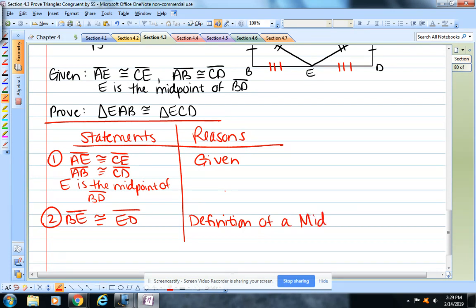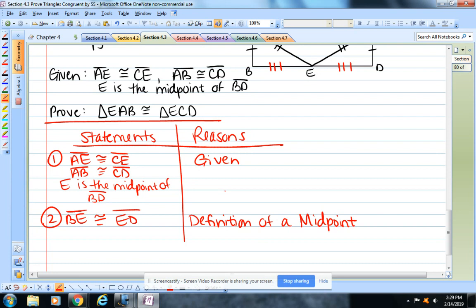Okay? They told me that it was a midpoint. So because of the definition of a midpoint, I can say that, I'm sorry, my picture is way up there. I can say those two segments are congruent to each other, right? Because E being the midpoint of that big segment tells me that it breaks that into the two congruent parts. Does that make sense? So my reason is because of the definition of a midpoint.